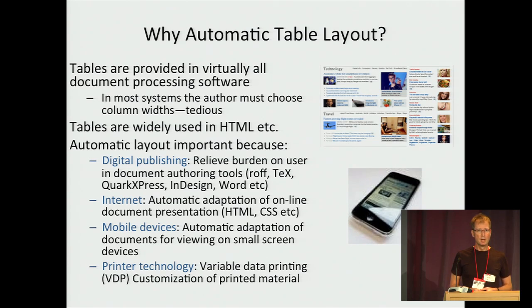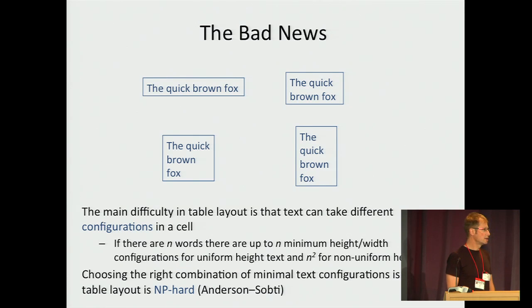And finally, automatic table layout is really important if you have dynamic content. That's important in variable data printing, for example, but also for other content on the web. So automatic table layout is important, but as Mihai said, the bad news is that it's NP hard.